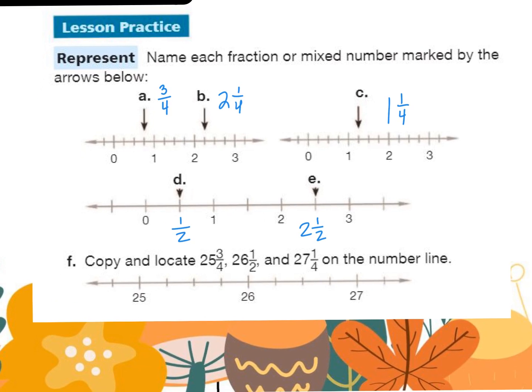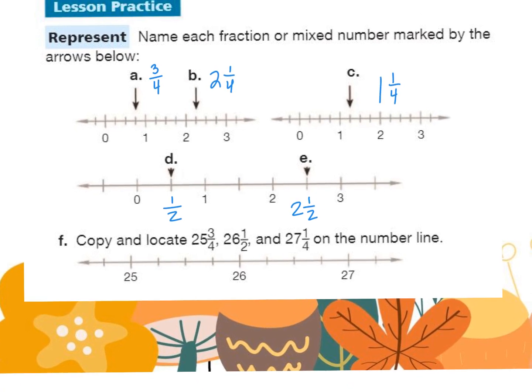Okay. F says copy and locate 25 3/4, 26 1/2, and 27 1/4. So I'm going to color code each one of these. I'm going to do 25 3/4 in blue. So I need to be between 25 and 26. I can see that I have 4 segments. So which line does my point go on, Kennedy? Yep, very good.